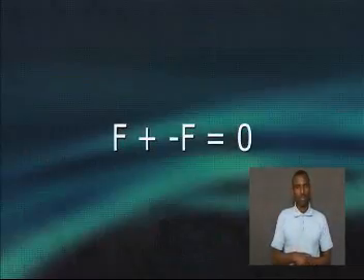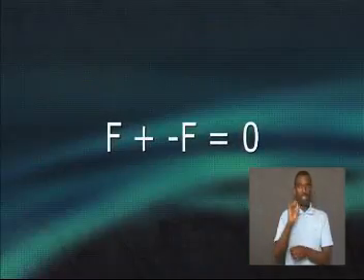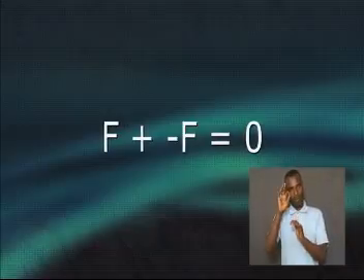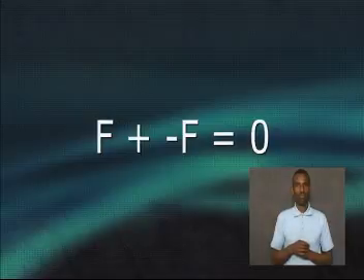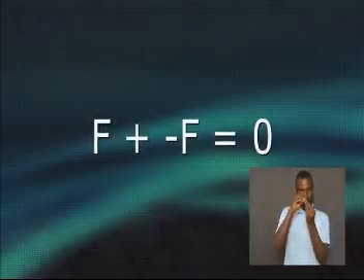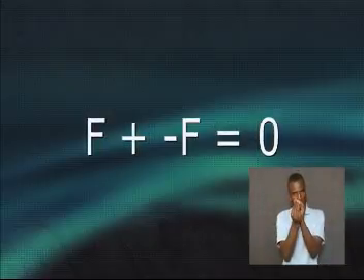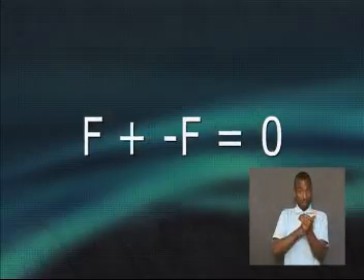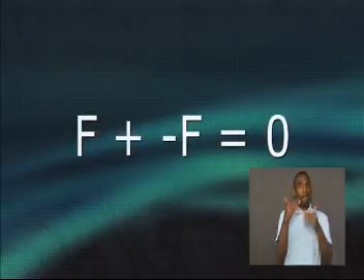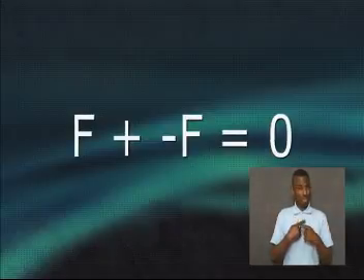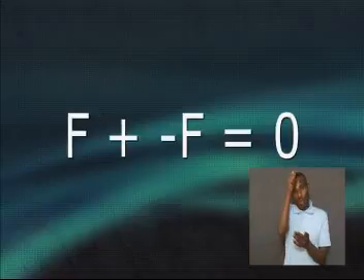The linear resultant of a couple is 0. For example, F plus negative F equals 0, and the moment of a couple is not 0 and has the same magnitude irrespective of the position of the perpendicular axis chosen.